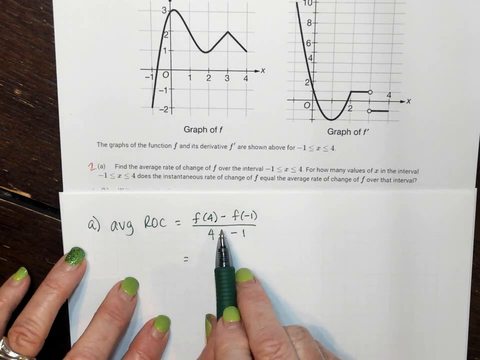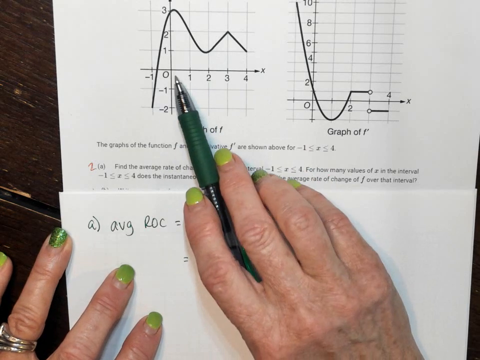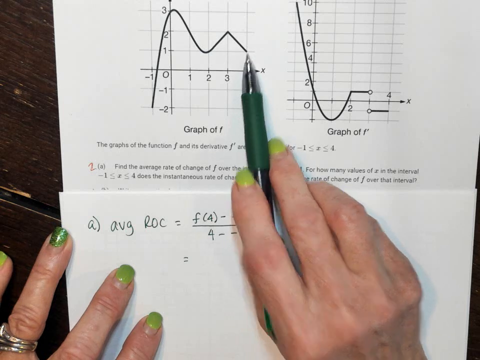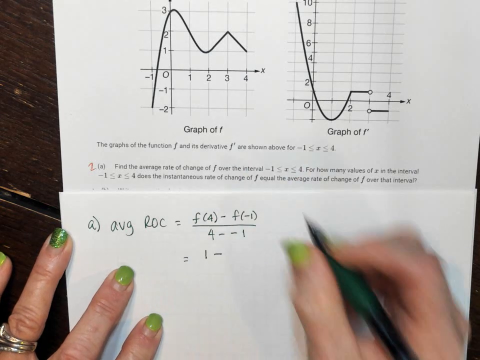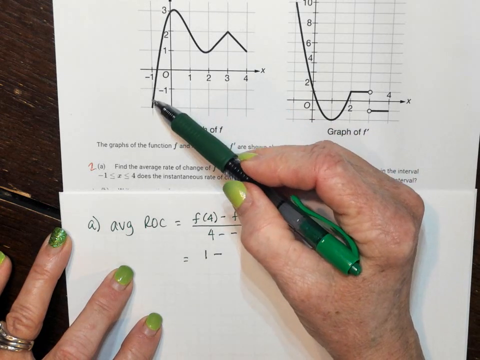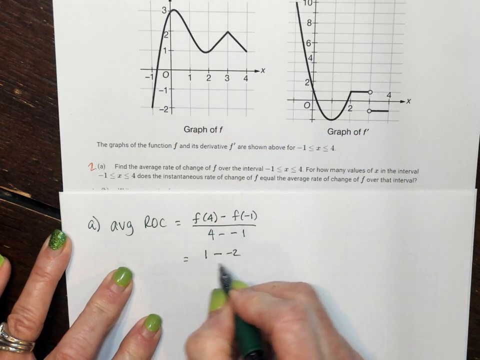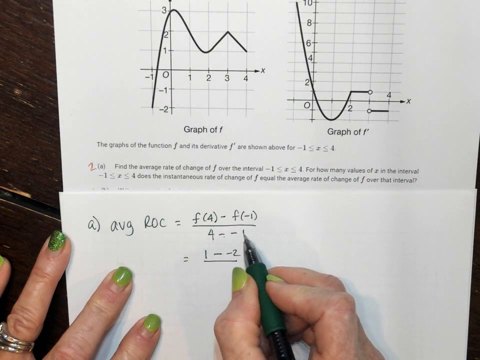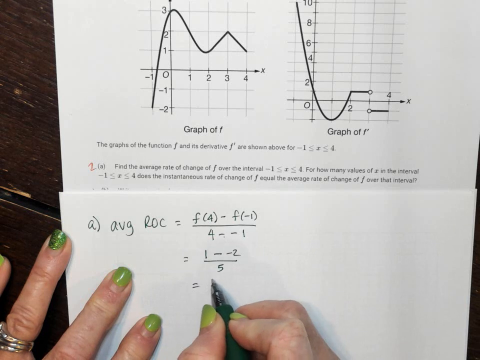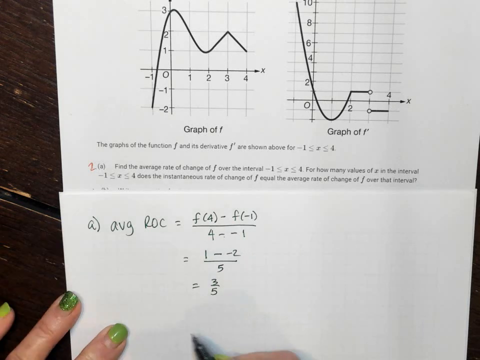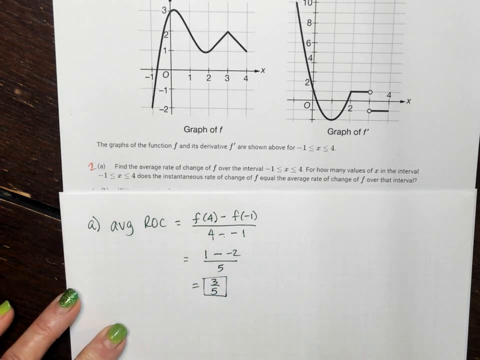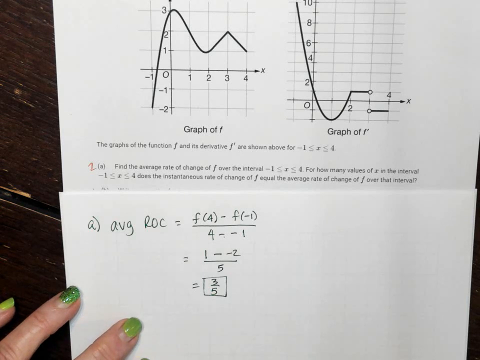Reading our graph, f of 4 off of the f graph, f of 4 is 1. f of -1 is -2. 4 minus a -1, that's 5, and we end up with 3/5. There's your average rate of change, it is 3/5.